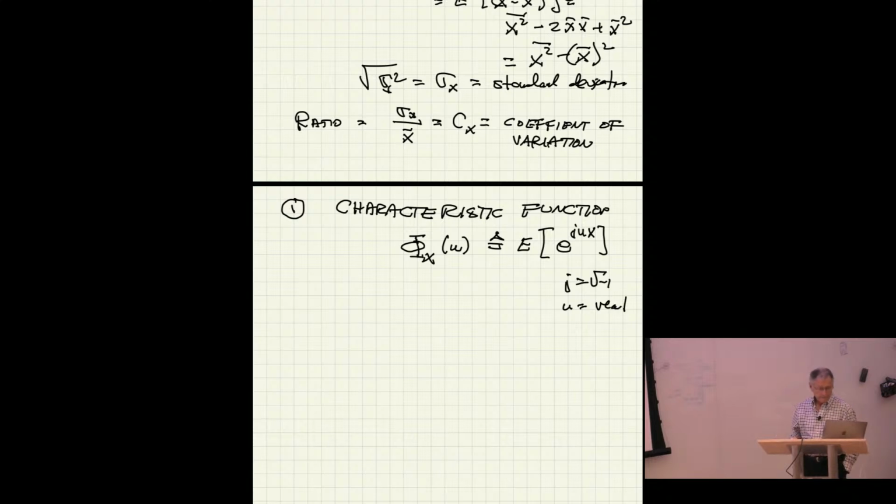Okay. Now, by the way, just for note, if the exponent in that expression were negative, then you got the Fourier transform, something you've probably seen before. If not, just a comment here.